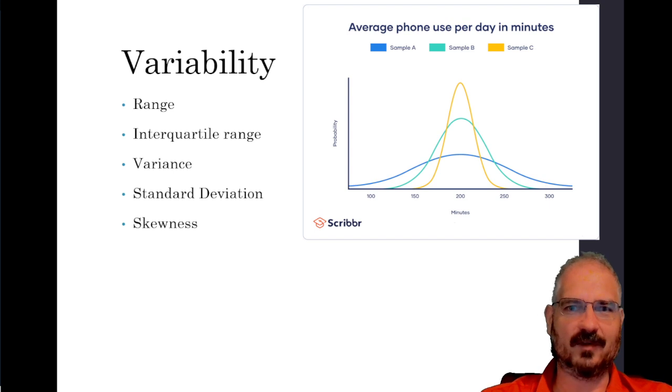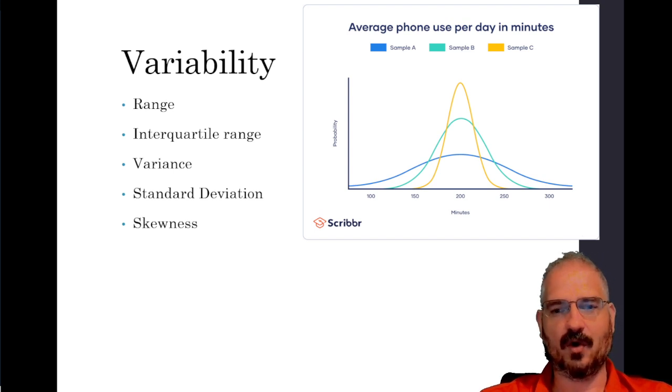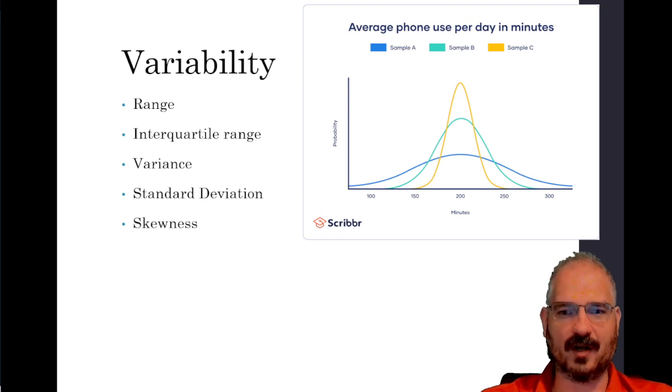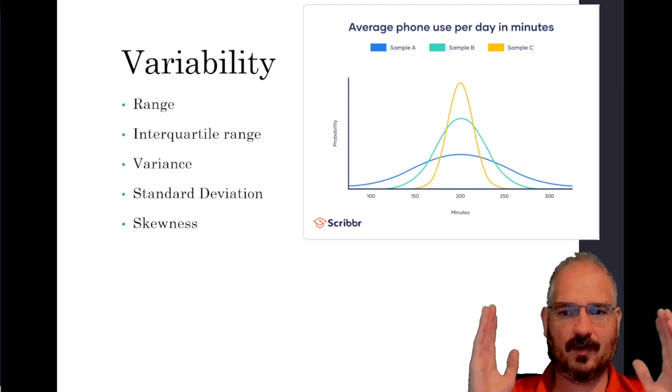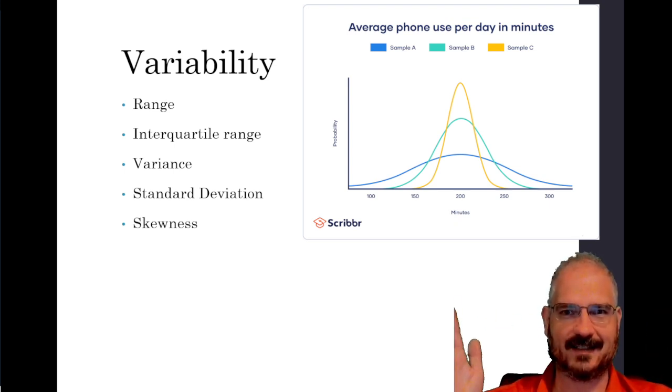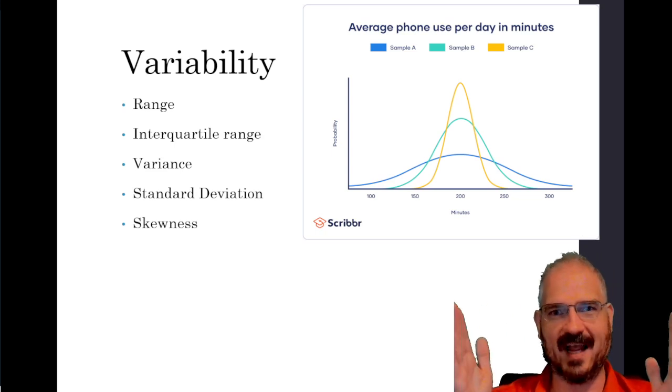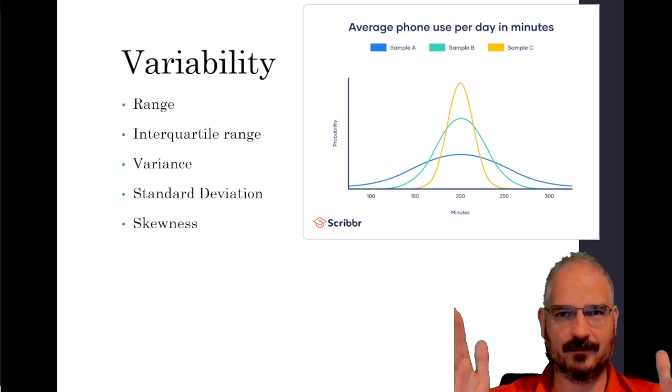The maximum value looks like it's about 250. So we might report this as we have a mean of 200 with a range of 100. Because again, we take the maximum value, subtract the minimum value, we're left with a range or a distance between the minimum point and the maximum point of 100.